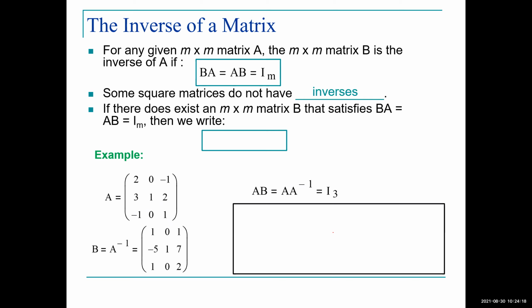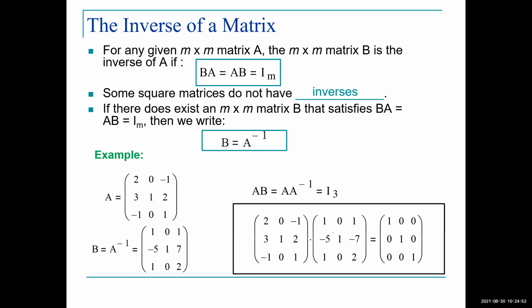If there does exist an M by M matrix B that satisfies BA equals AB, which is equal to the identity matrix, then we write that B is equal to A to the power of -1, which represents the inverse. Okay, so here I have an example. Just want to illustrate this point. So you have A giving you this matrix B, which is the inverse. So when you multiply these two matrices, you get the identity matrix.